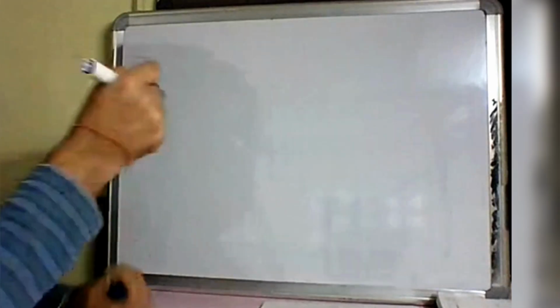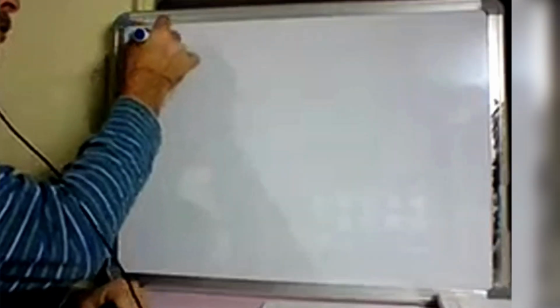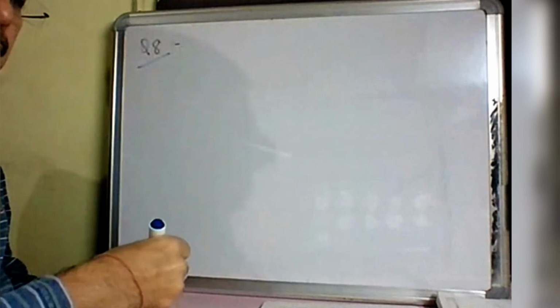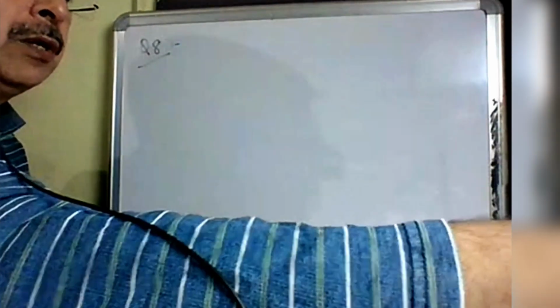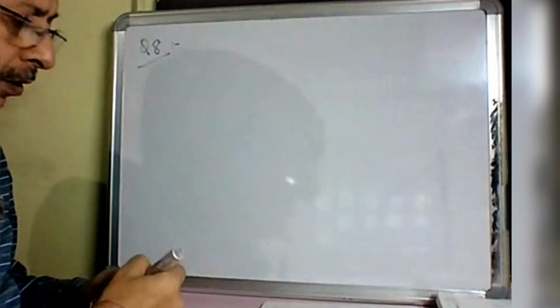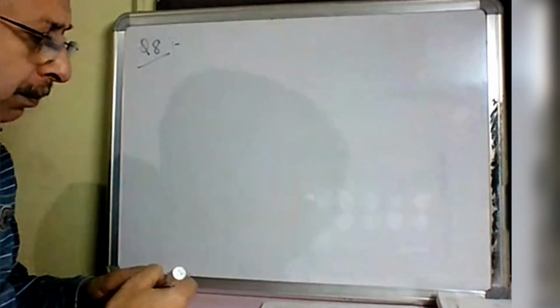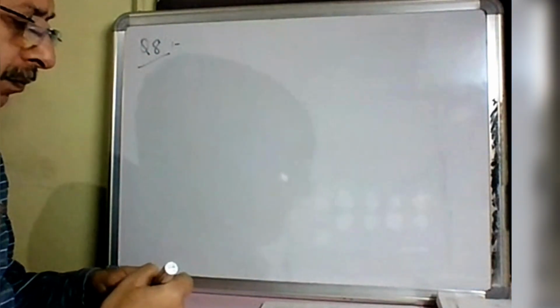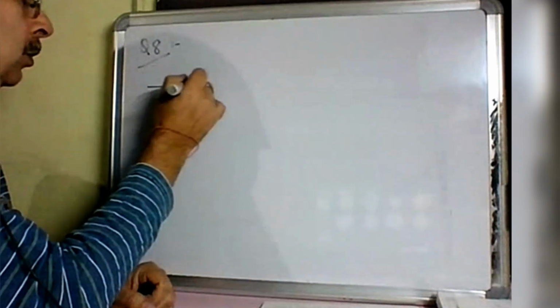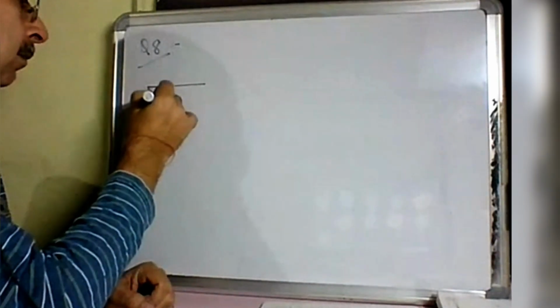So, question number 8. A barge is shaped like a triangular prism, 20 meters broad at the top.